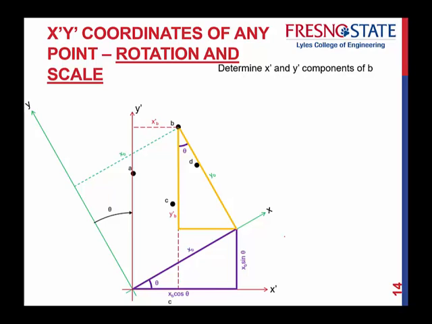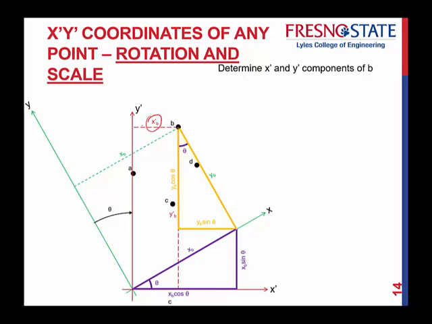Let's take a look at this triangle now. Again, the hypotenuse right here is y of B, meaning it's the y component of B in the xy system. Based upon knowing the hypotenuse of that triangle, I can also figure out the other sides of the triangle. Now remember what we're solving for.